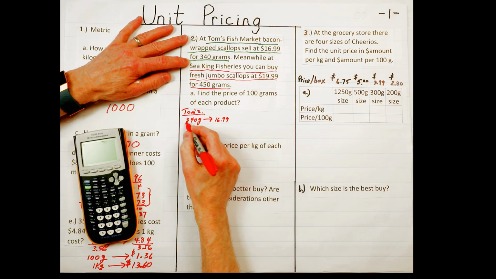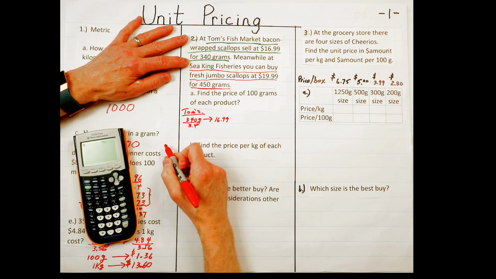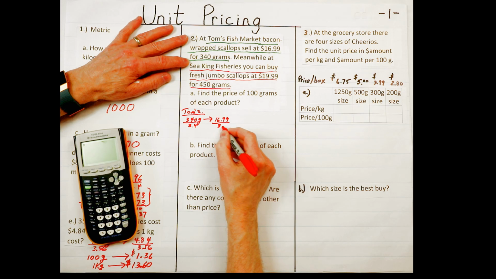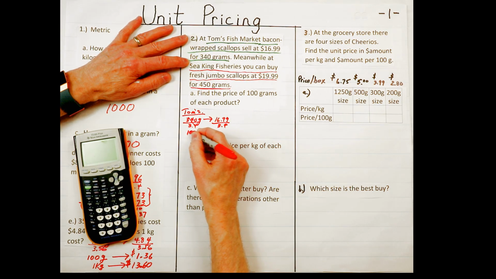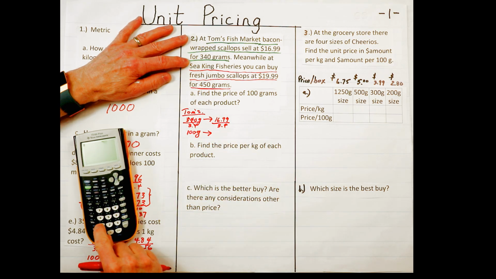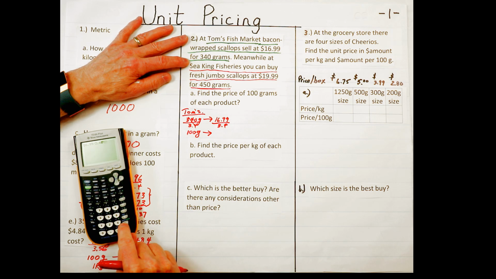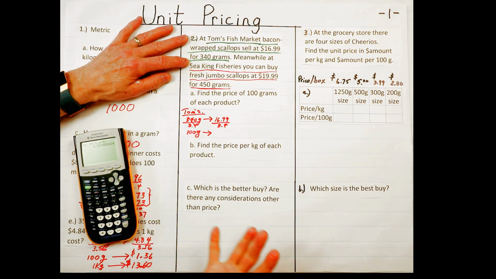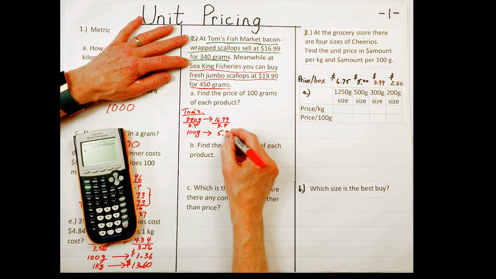I have to divide by 3.4, correct? 3.4 times 100 is 340. So I'm going to divide by 3.4 over here, and that's going to give me 100 grams costs $16.99 divided by 3.4. It's 4.997. Might as well call that $5.